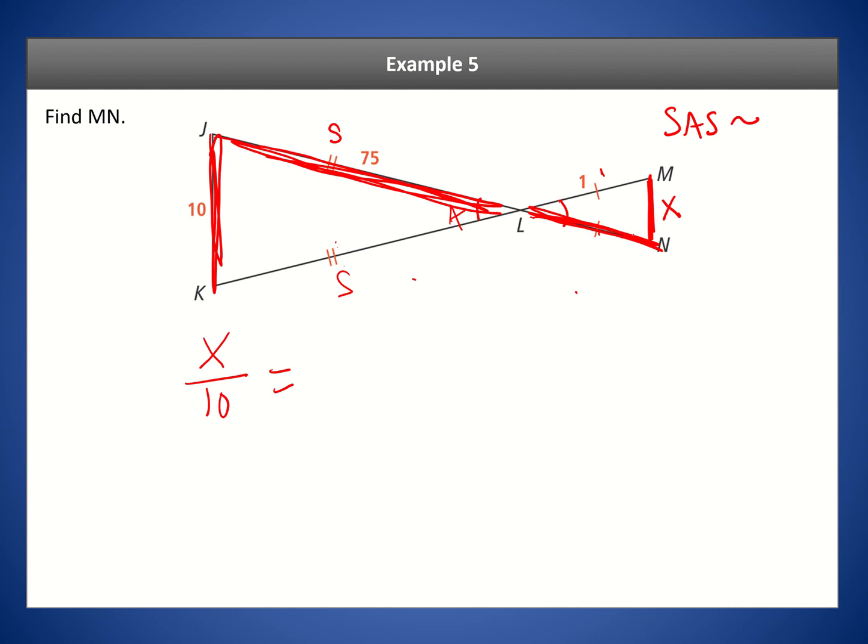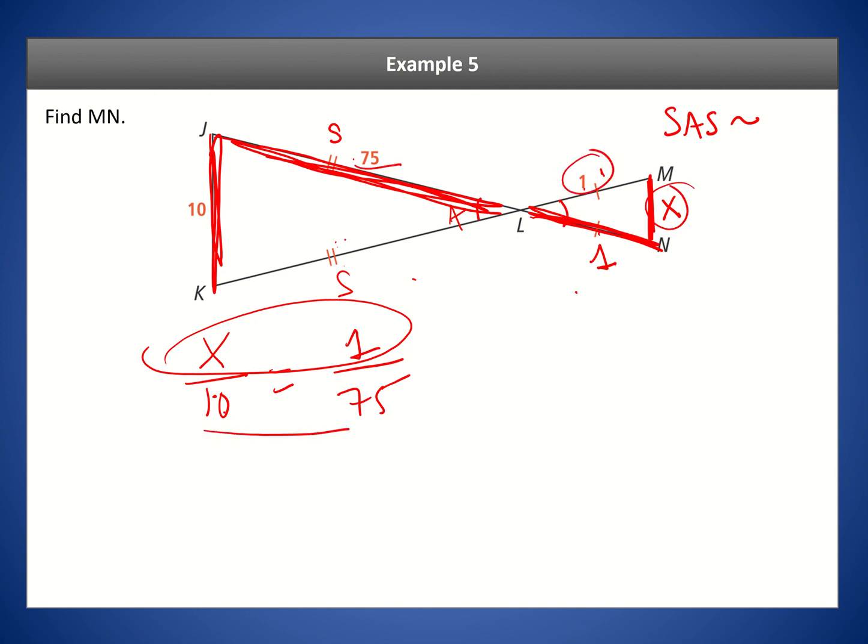But we know that this number is 1 because they're congruent. So 75 is to 1. Rather, it should be the other way around: X is to 10 as 1 is to 75. You've got to do it in the same order. So this is for the small triangle, and this is for the large triangle.